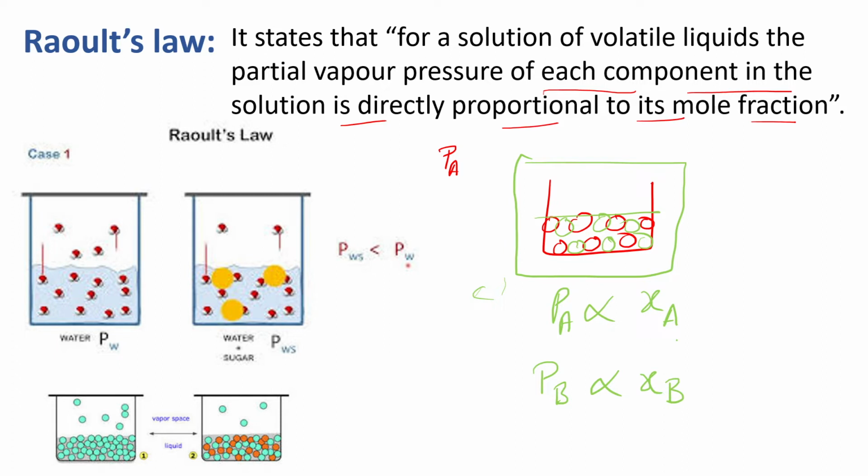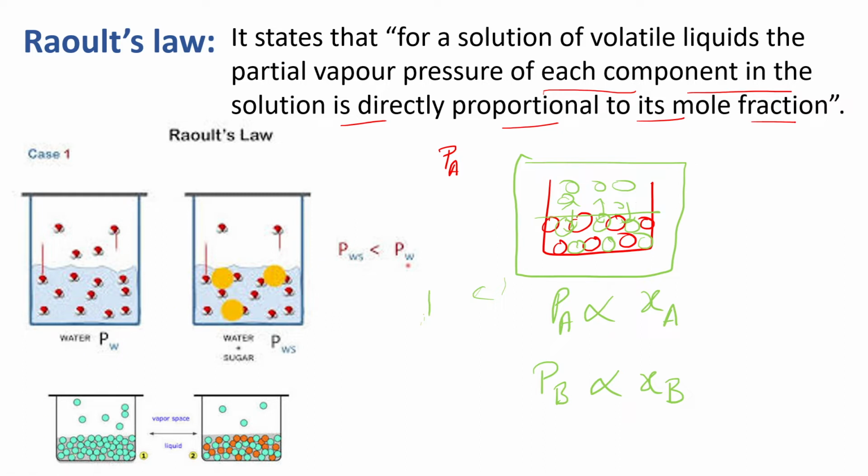The presence of the other volatile solvent also affects the partial pressure of the other solvent, since they both occupy the surface from where the equilibrium is maintained between the molecules in the gaseous phase and the solution phase.